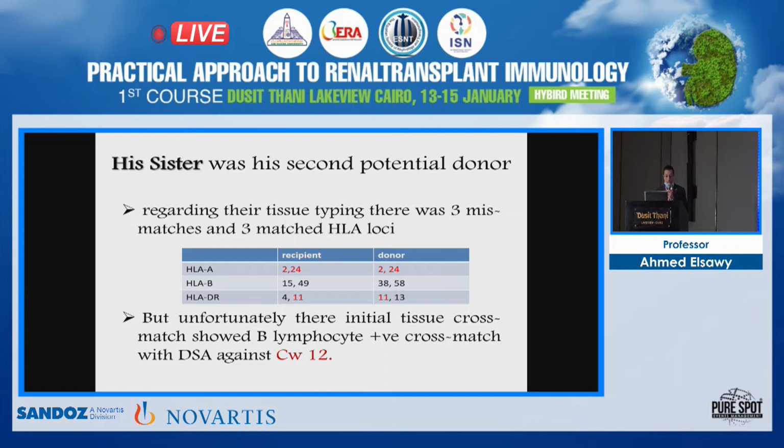But also, unfortunately, their initial cross match was positive for B lymphocyte with DSA against CW12. How can I prefer this donor? It was a positive cross match for B lymphocyte.